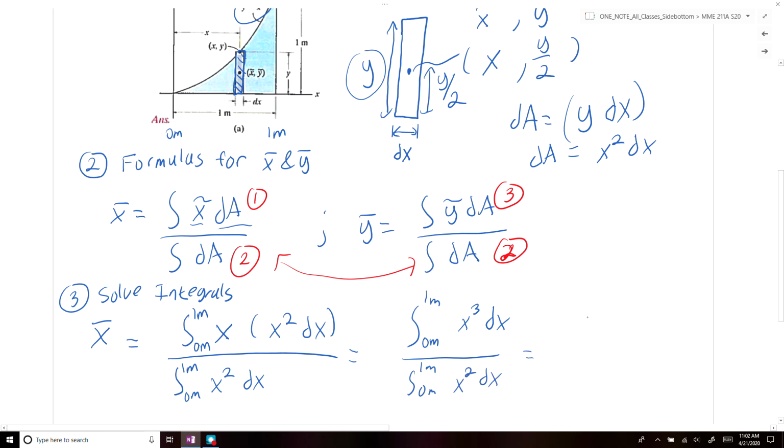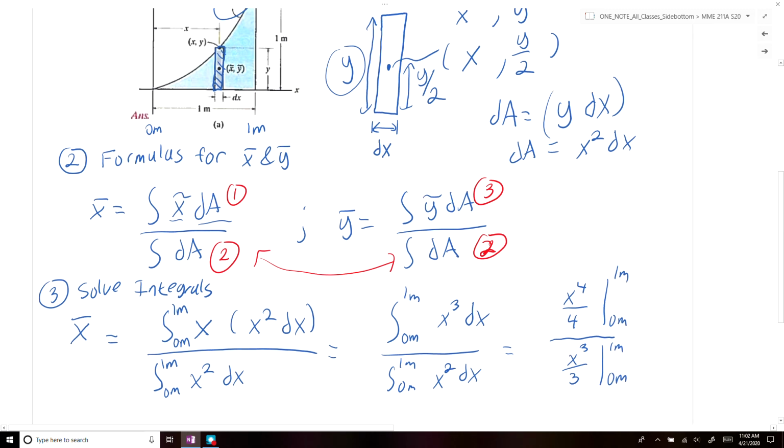We would get x to the 4th over 4 divided by x cubed over 3, from 1 meter to 0 meters, for both the top and the bottom.